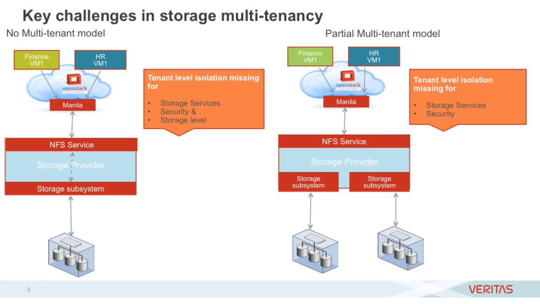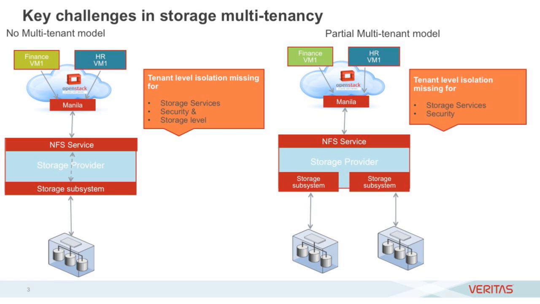Now you've got two sets of LUNs, two storage subsystems connected to an NFS service provider, a storage provider, which is exporting NFS shares over Manila into these applications. But it's still not cutting it because you are still not really end-to-end multi-tenant or isolated, right? We said that we need guest-to-spindle level tenant isolation. So that's why we are calling this kind of solution partial multi-tenancy, right?